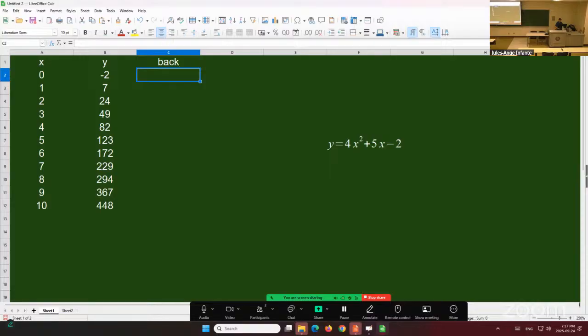So 8 times x plus 5 and delta x plus the previous one, right? So the key thing is the previous.